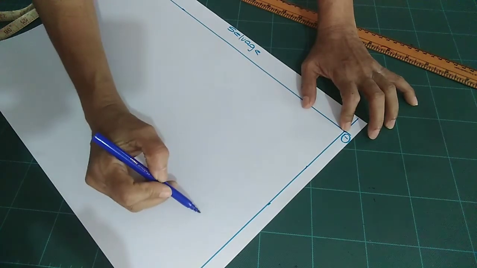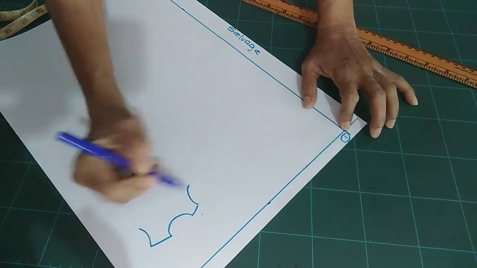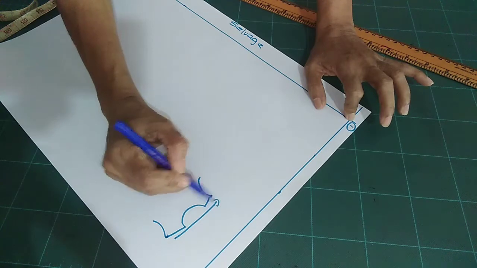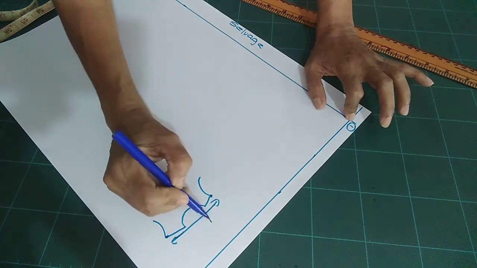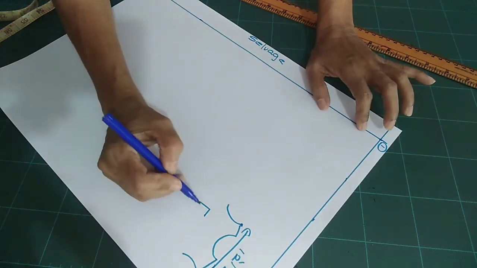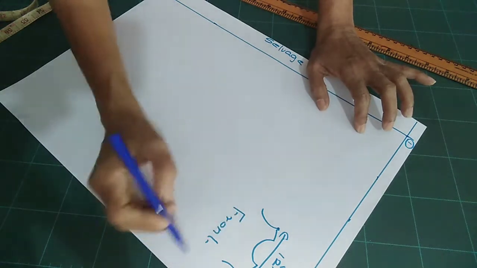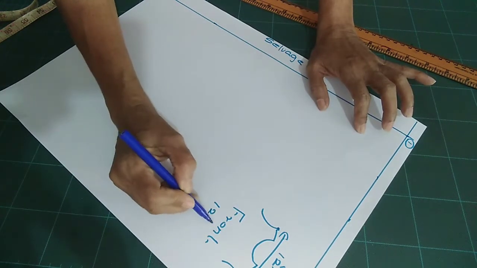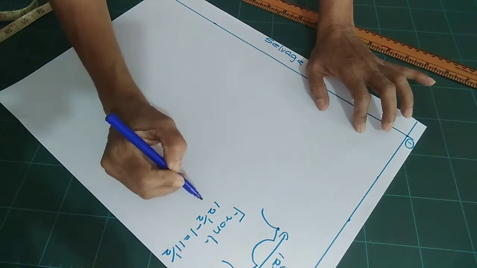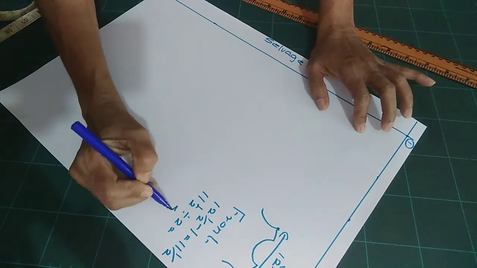Back shoulder, shoulder bone to shoulder bone, back side 12.5 inches. Okay, for front, 12.5 inches reduce 1 is equal to 11.5 inches. 11.5 inches divided by 2 is equal to 5 3/4.